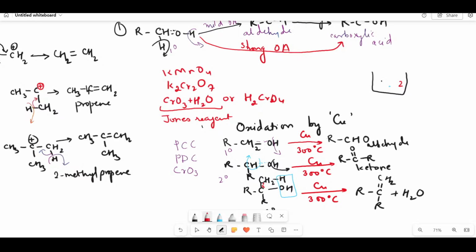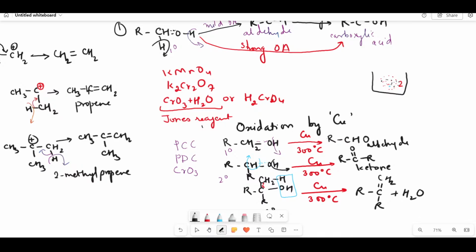But in organic chemistry, we cannot be so precise with our reactions, because when the reaction takes place, there are two reagents, both of them will react. So the quantity of one reagent reacting with another reagent may be same.